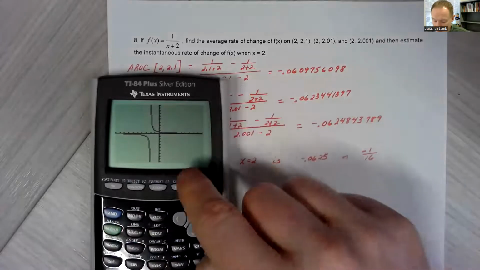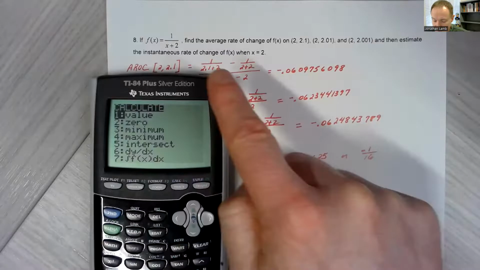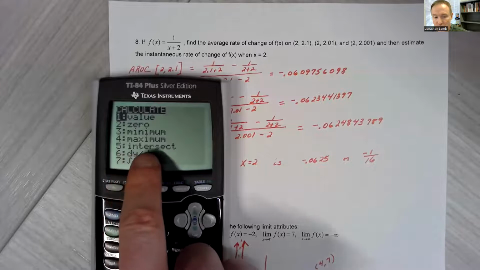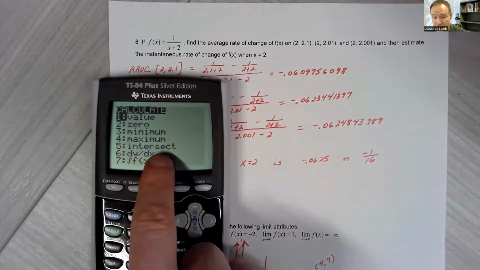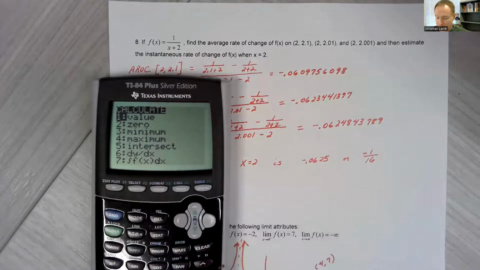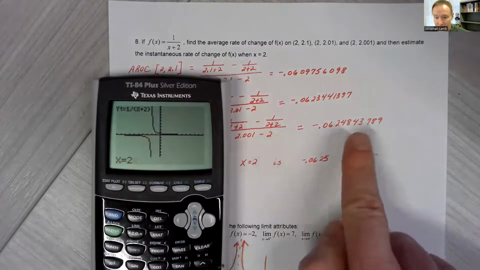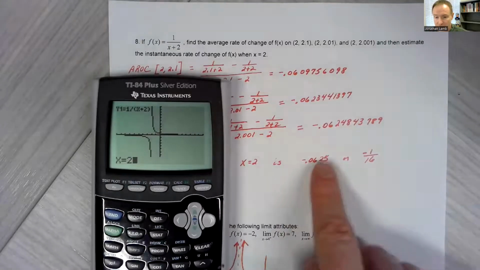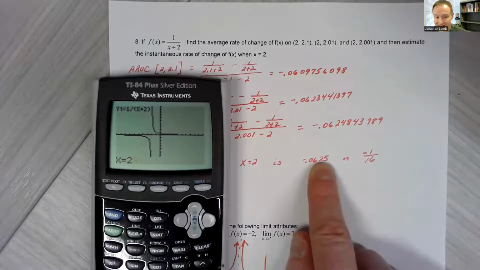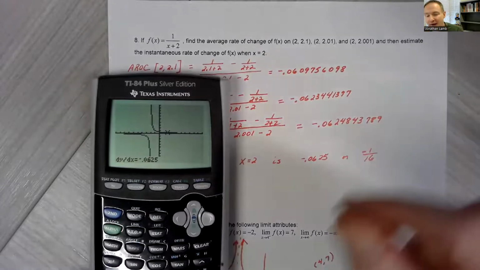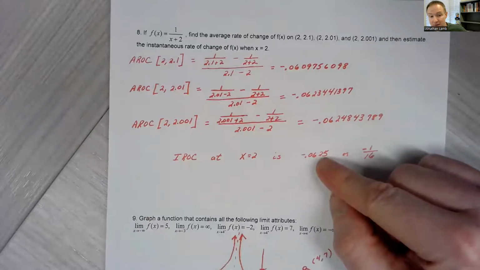So I'll go in and say, second calc, instantaneous rate of change. That's the infinitesimally small change in y over the infinitesimally small change in x, dy/dx on the calculator. Second calc 6. Tell it where you want the instantaneous rate of change. I want it at 2. I think it's going to be very, very close to these values, or this one right here is my guessed value. Negative 0.0625, gorgeousness. Now, that is the value that it's approaching.